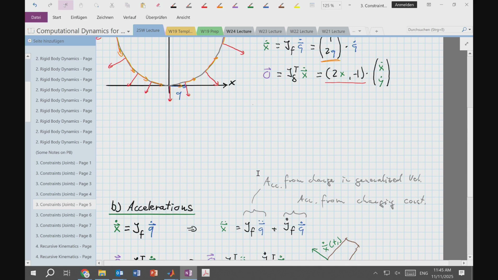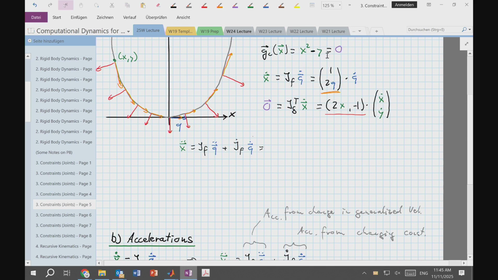We can do this for the little roller coaster example that we started in the last lecture. So I have x double dot, if I go through explicit constraints, that is going to be Jf times q double dot plus Jf dot times q dot. So let's see what we have.